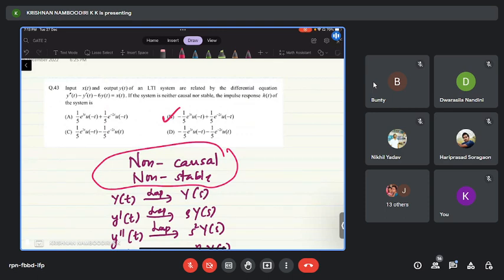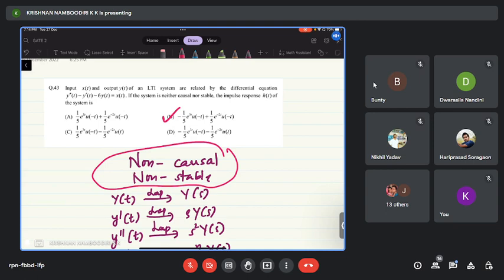Correct? Does everybody understand? I know I was a little bit faster, but the idea is you have to apply the ROC conditions. In order to have a system being stable, the ROC should contain j omega axis. In this case, the system should be unstable, that means the ROC should not contain j omega axis.